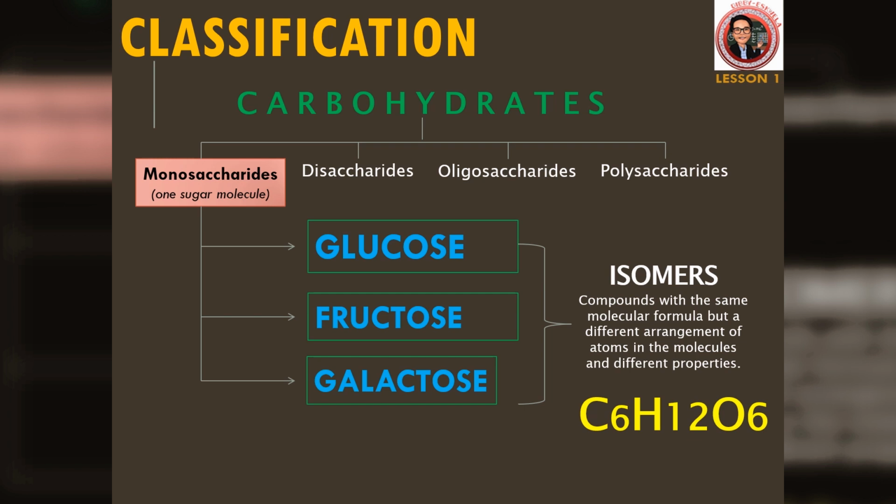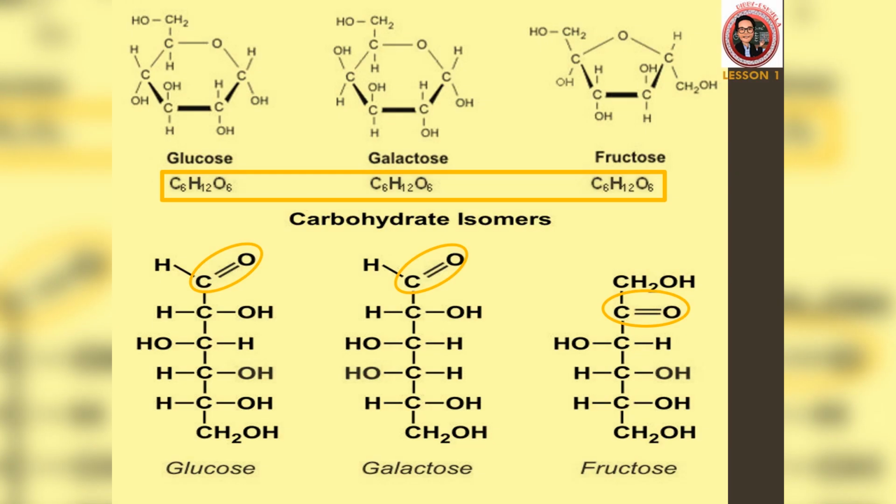For glucose, fructose, and galactose, the molecular formula is C6H12O6, or 6 carbon atoms, 12 hydrogen atoms, and 6 oxygen atoms. Look at this picture. As you can see, they have the same molecular formula of C6H12O6, but the atomic arrangement is quite different from each other.